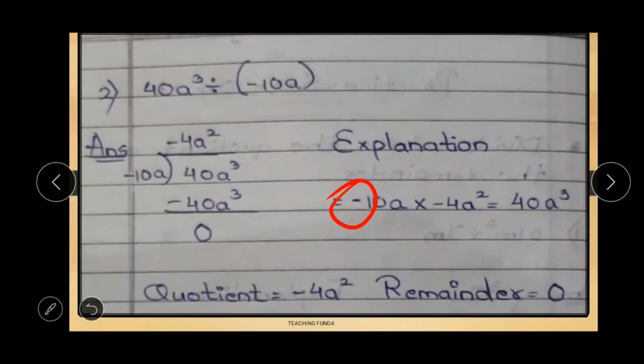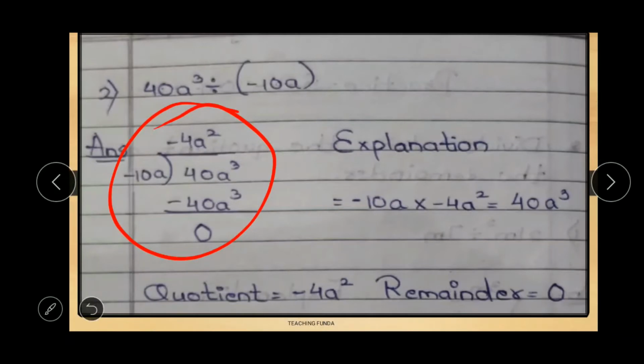So minus minus plus. So again you would be adding minus before 4. So minus 10a into minus 4a square is equal to 40a cube. Same way you have to write in the vertical form. So what is the remainder you are getting? 0 and the quotient is minus 4a square.